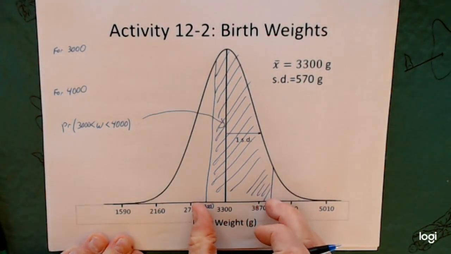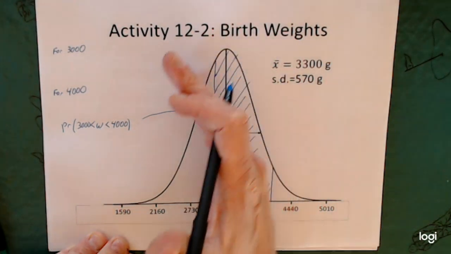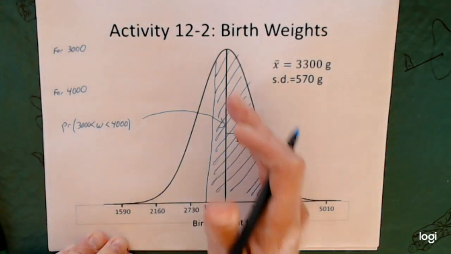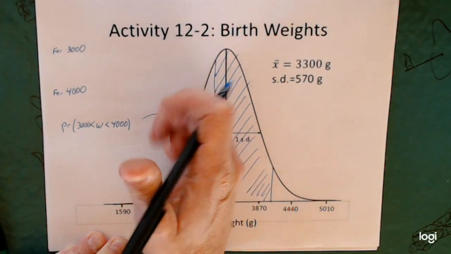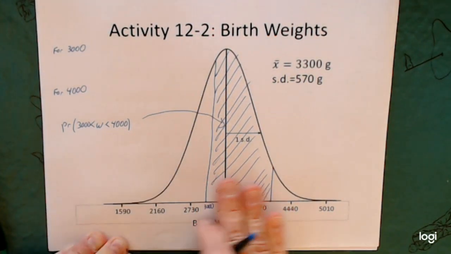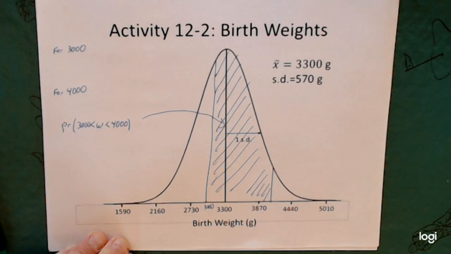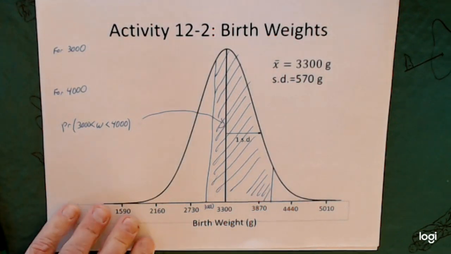I want the area in between, so can you see it's going to be the difference of those two? If I have the area from 4,000 on down, it's going to include all of this. The area from 3,000 on down is going to include this, and so if I subtract those two values, I'm going to get what's left in between. So it's just a more sophisticated way of using table 2. It'll work great for us.